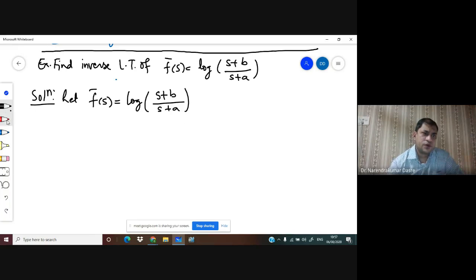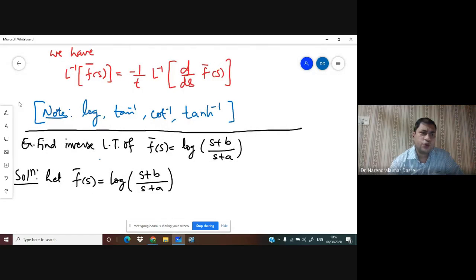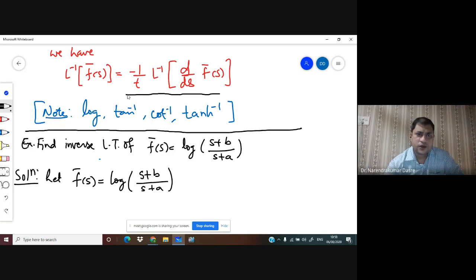Now we need to understand how to use this property. We should use it in three steps. First, find the derivative of the given function. Second, find its inverse, the inverse of the derivative. And third, multiply the inverse by minus 1 upon t.